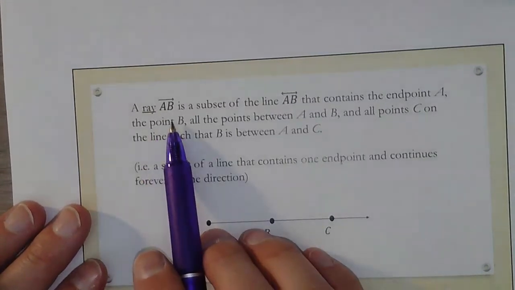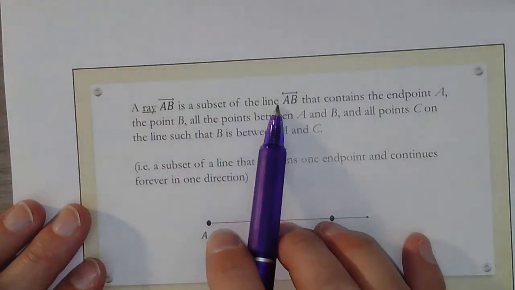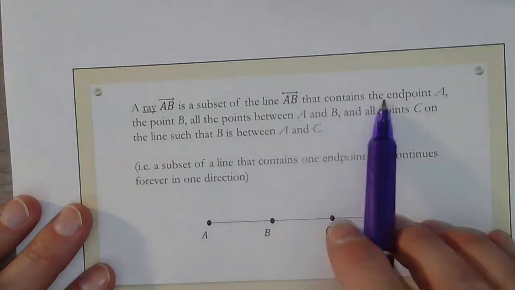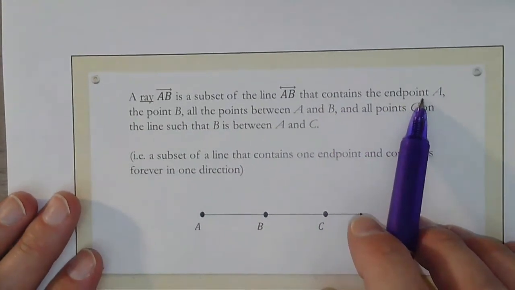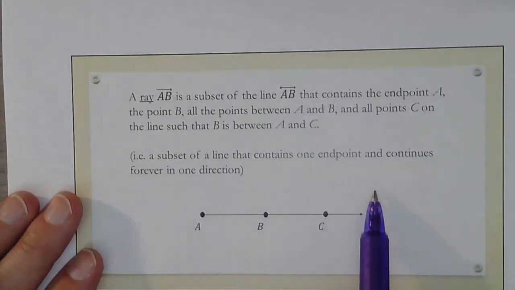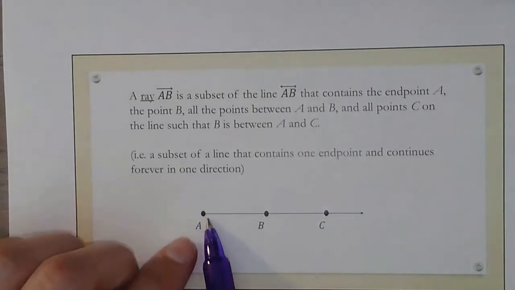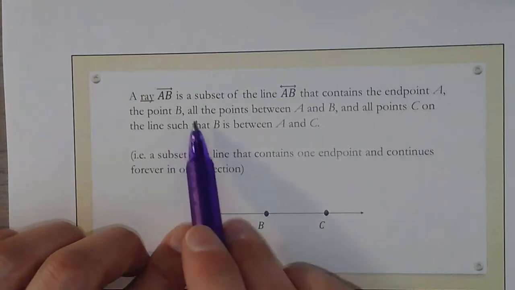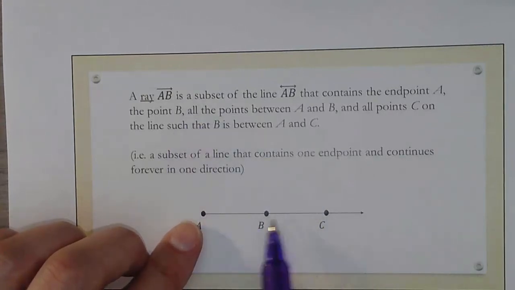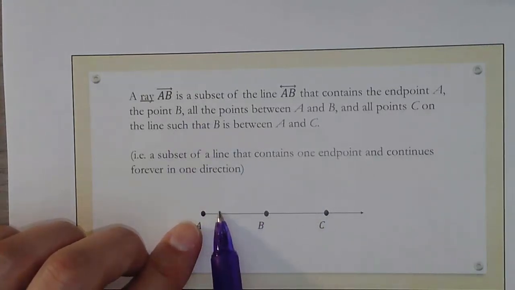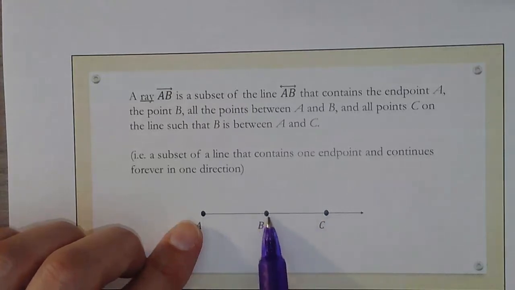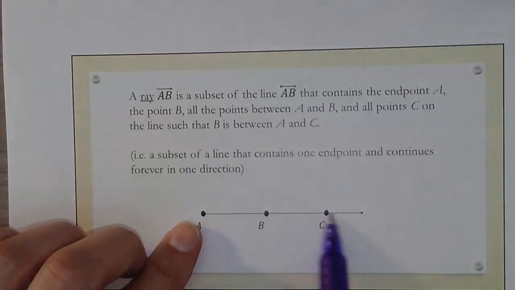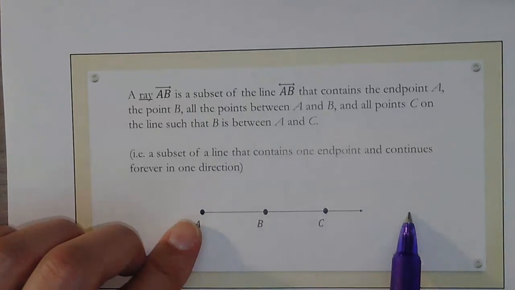A ray is a subset of a line, AB, that contains only one endpoint, but then continues forever. So ray AB starts at A and continues forever. It goes through B. Now it doesn't mean that it stops at B or anything. It just goes through B and continues.